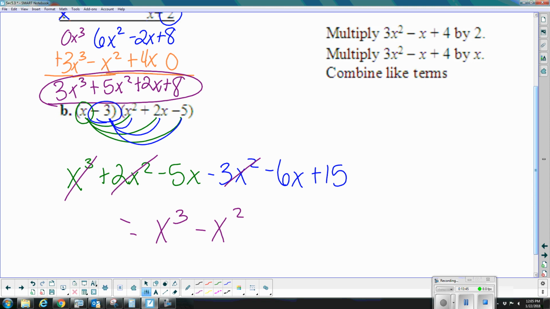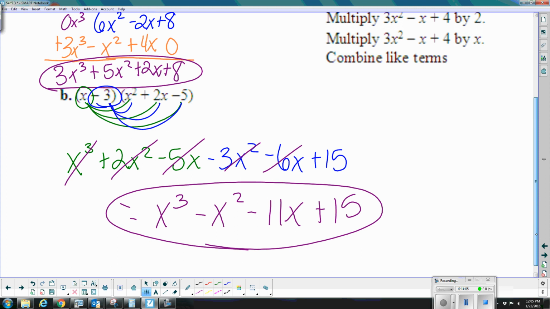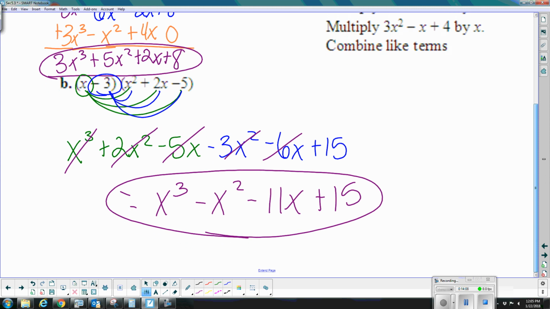And then a negative 5x minus 6x is negative 11x plus 15. So always make sure that your final answer has all of the like terms combined. Otherwise, it's not in simplest form, and you will, on quizzes and tests, and even when you check your homework, your answer won't be simplified. So always combine your like terms.